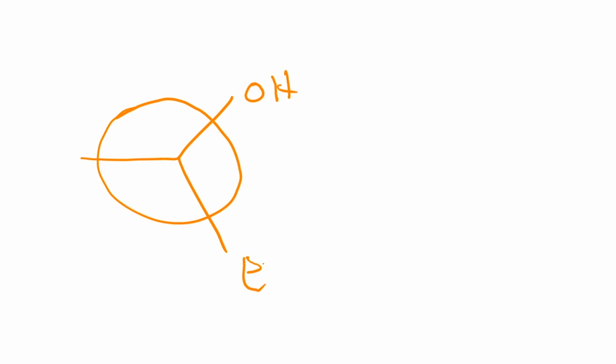Let's look at it a little bit closely. So you have OH, Et, and H. And the three substituents in the back remain the same. So you have methyl and hydrogen. And so the way we would redraw this is in the following manner.